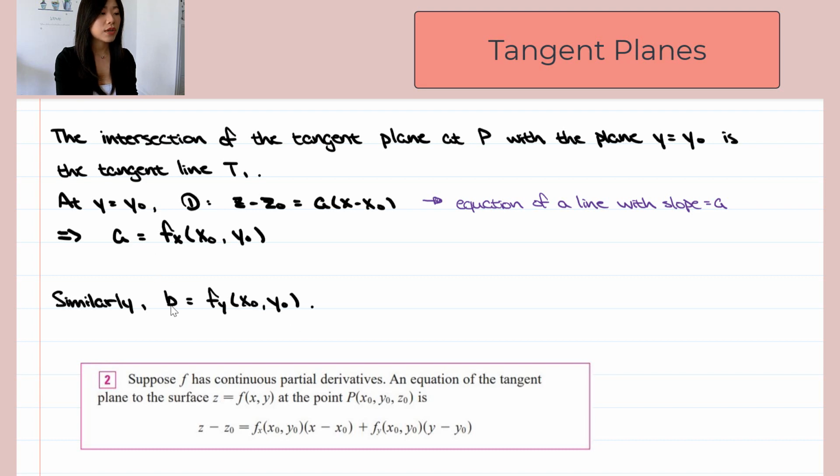Then if we substitute these two back into our equation 1, I get my equation of the tangent plane.